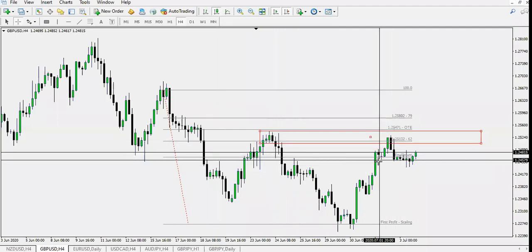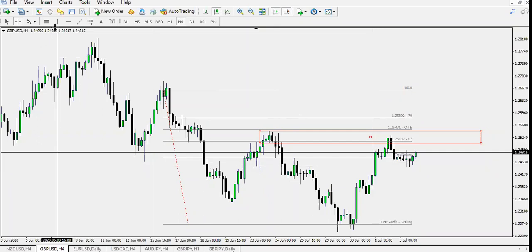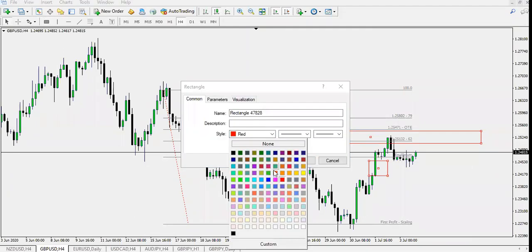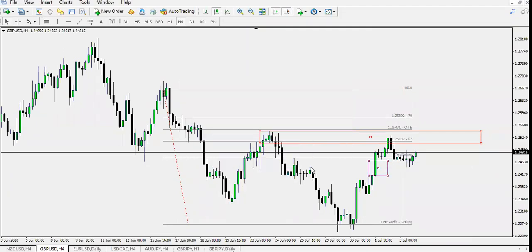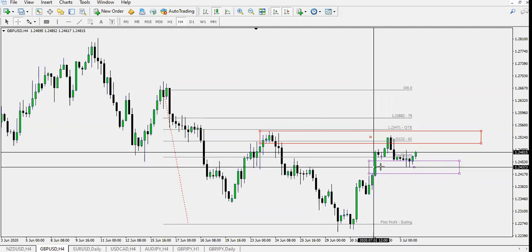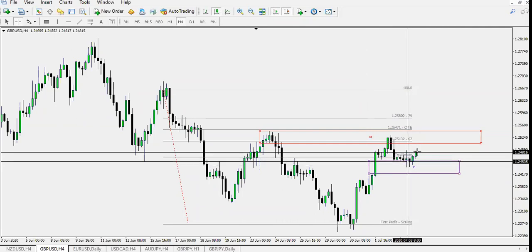Okay, so there was also additional confirmation to sell from this area because we have a liquidity void sitting at this zone over here, and we can see that price filled some of that gap, about 50% of it, and when it filled 50% of this liquidity void, price then rallied back up.